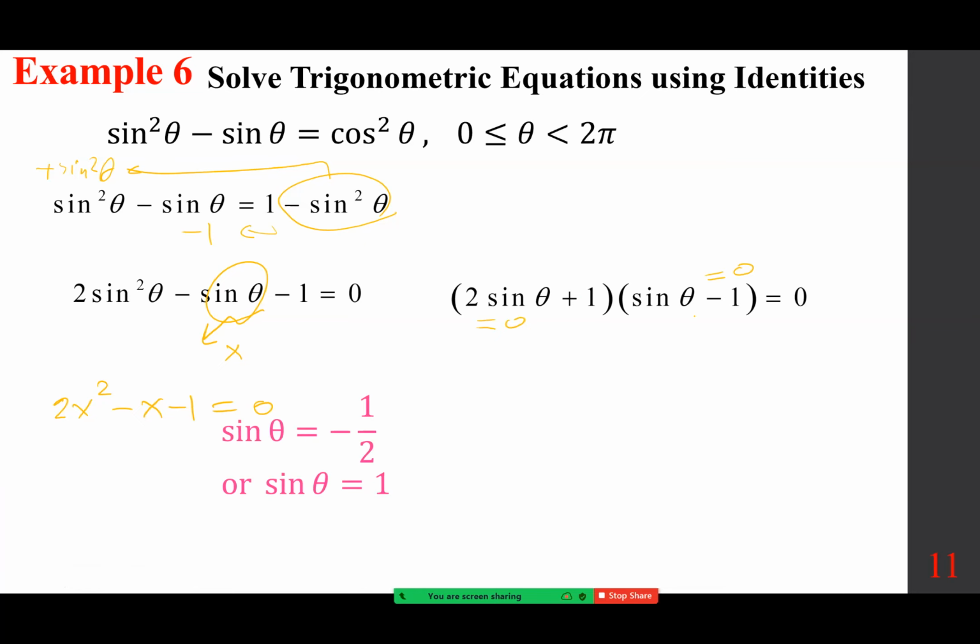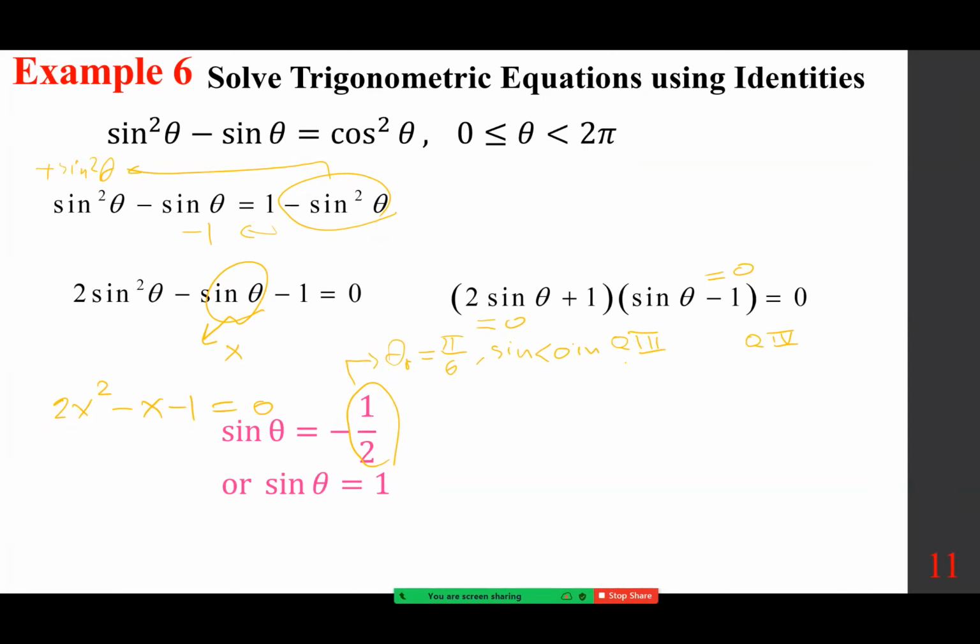But negative 1/2, because it's negative, let's go with the reference arc. So keep the positive portion, and that gives you the reference arc of pi over 6. Since we want it to be negative, we know sine is negative in quadrant 3 and in quadrant 4.